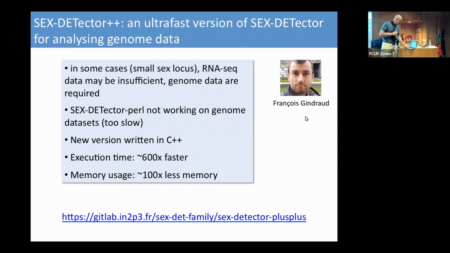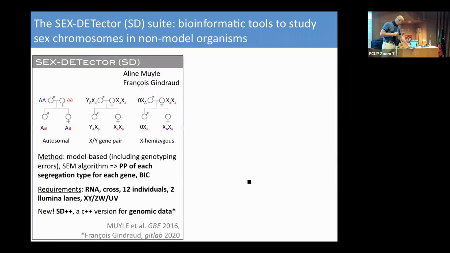This was done by François Gendreau, who is a computer scientist and a C++ master. And so we got a C++ version that is 600 times faster than the original version.